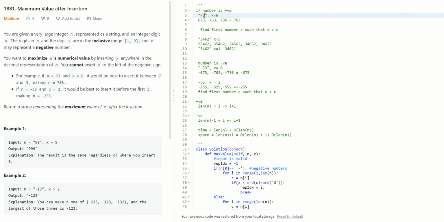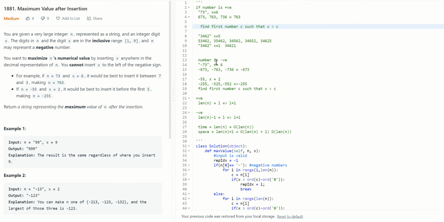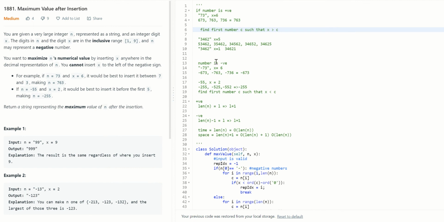Skip it. But 6 is less than 3? No. That is where you need to insert. That is the simple logic here. I wrote it in a different way. Basically, you are trying to find the first number such that x is greater than c. And for the negative numbers, it's quite the opposite, right? So that's the crux of the algorithm.